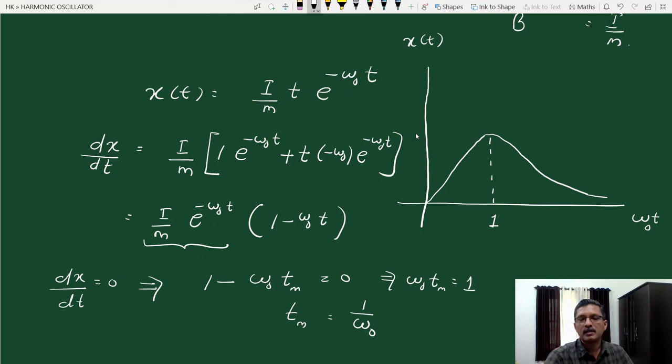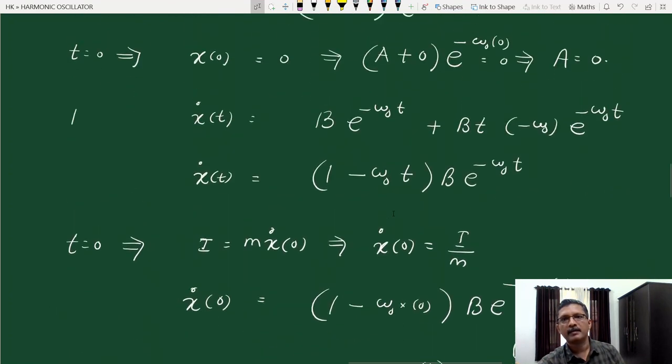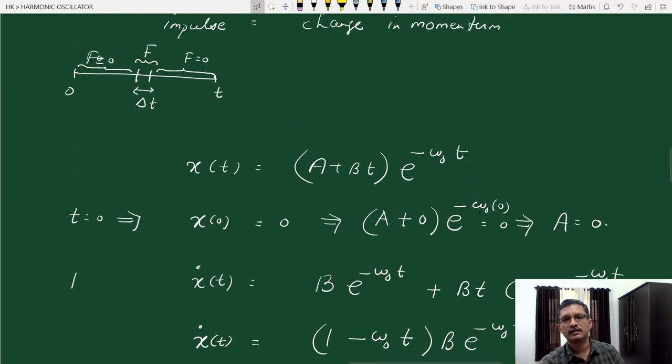So this is the behavior of a critically damped oscillator in this case. You can notice that the value of b does not have any role here. B is simply I by m here. This particular behavior is possible when just the first initial condition is satisfied.